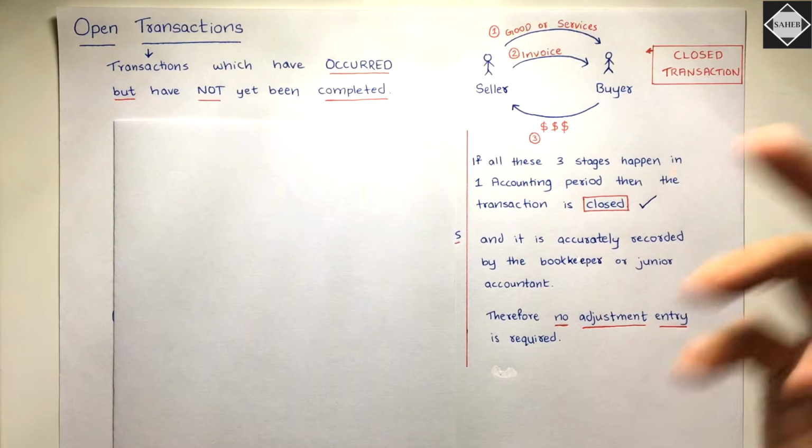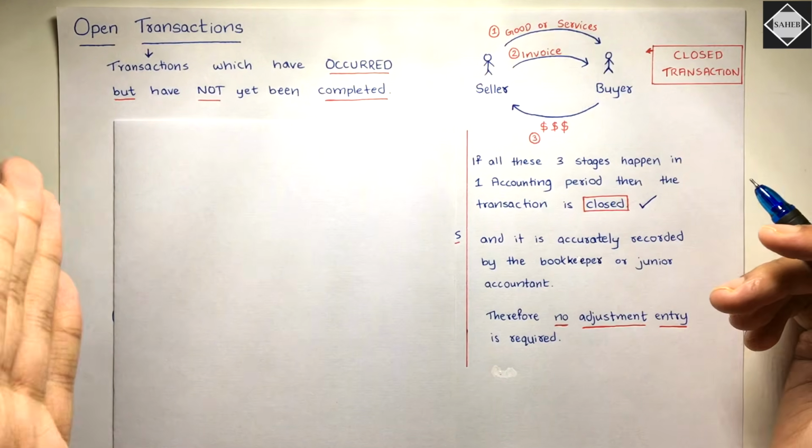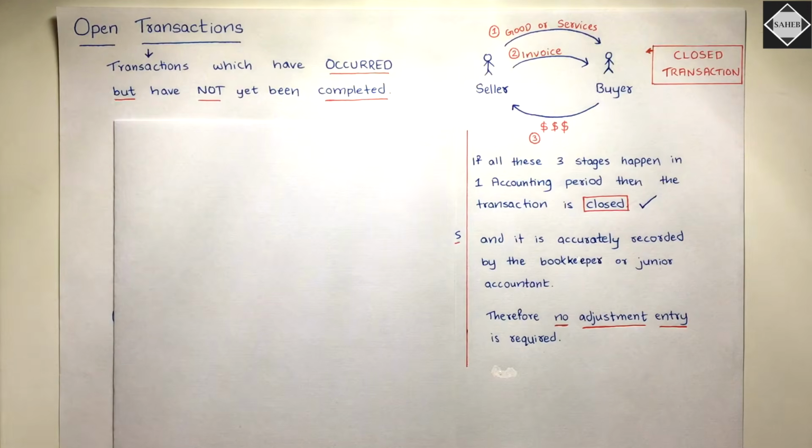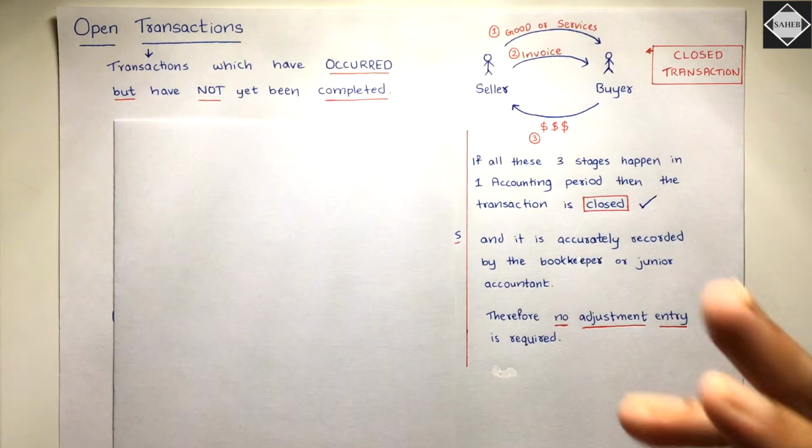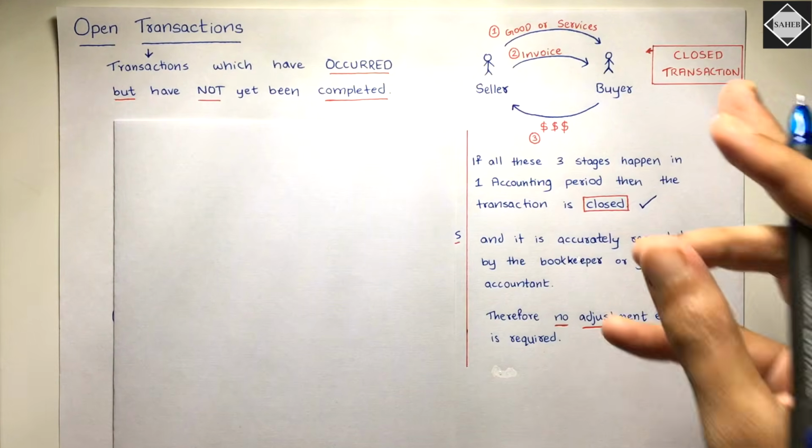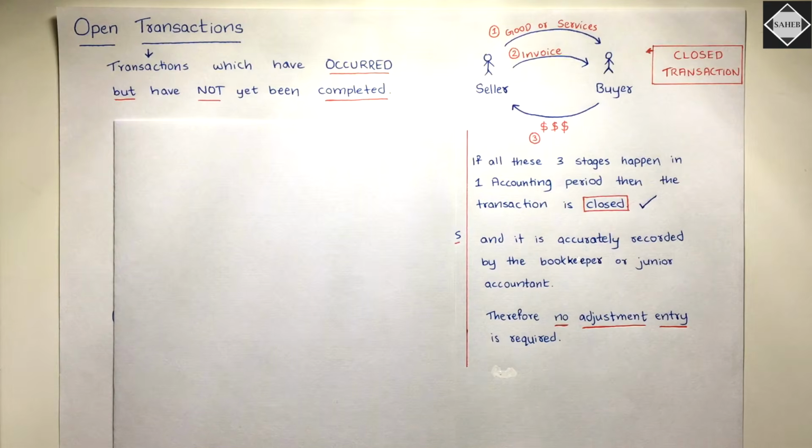The simple recording of transaction, the process from journal till the trial balance. So we can say that in the ledger transaction is completely recorded, as well as in the trial balance it is reflecting. So therefore no adjustment entry is required by the senior accountant, right?